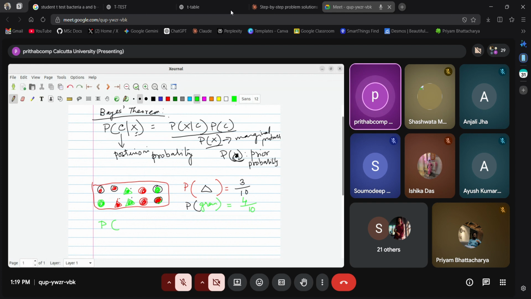Let's say I want to find, given that it is green, the probability that I'm getting a triangle. To compute that, you look at how many greens are there. 4 greens are there, and out of that 2 are triangles, right? This way you try to see.